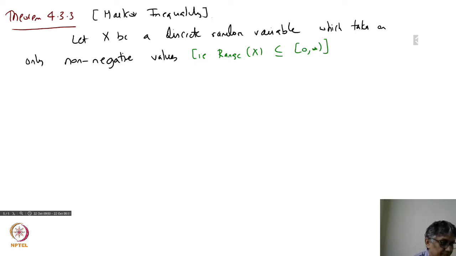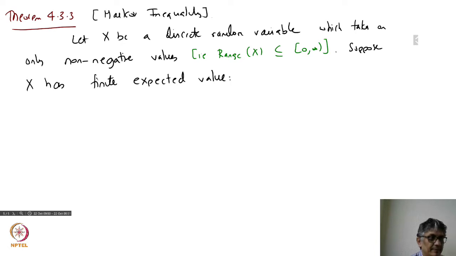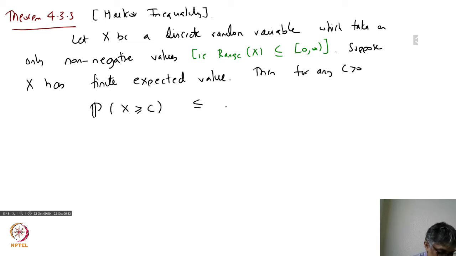And let's suppose x has a finite expected value. Then for any positive c, the probability that x is greater than or equal to c is less than or equal to mu by c.